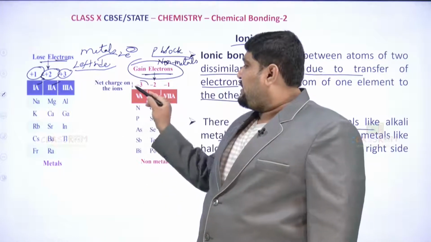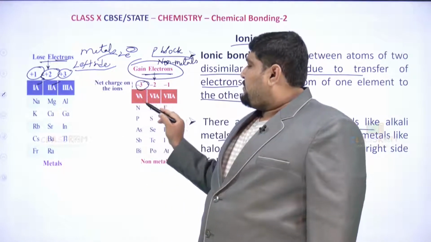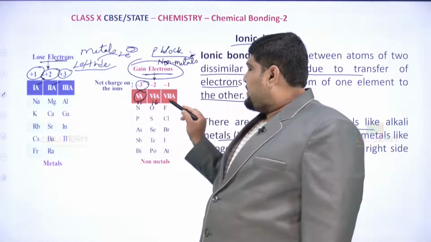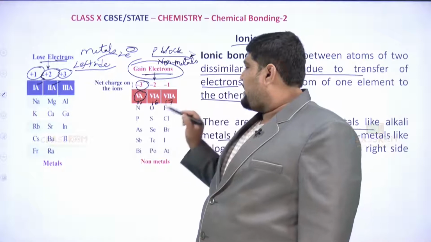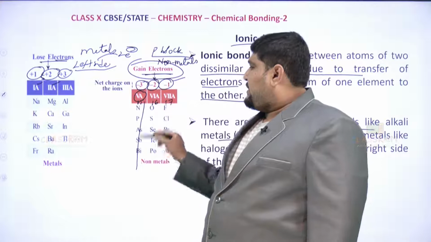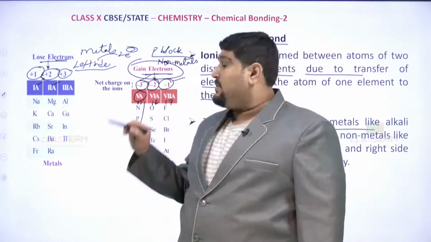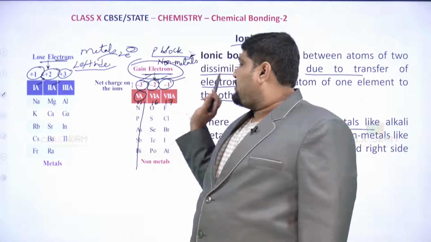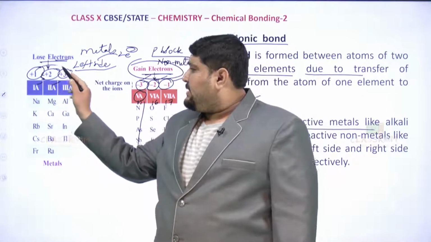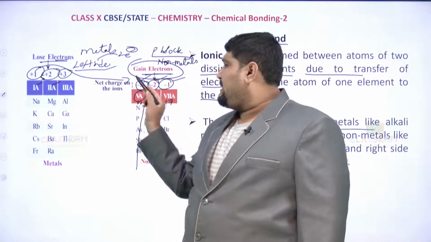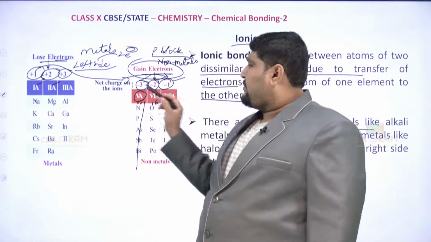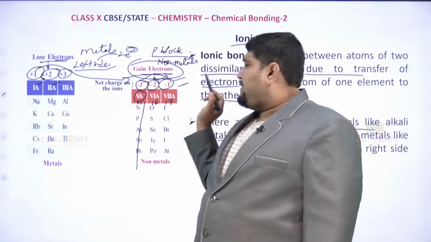As per the group number, you can see the 15th group, then the 16th and 17th groups, gain electrons. The 15th group gains 3 electrons, the 16th gains 2, and the 17th gains 1 electron. So the +1 elements of group 1A react with the 17th group.